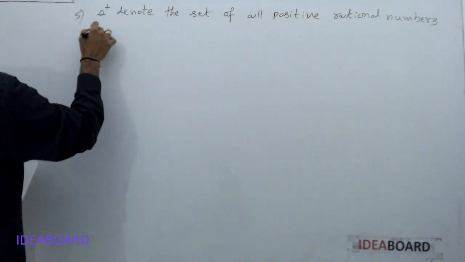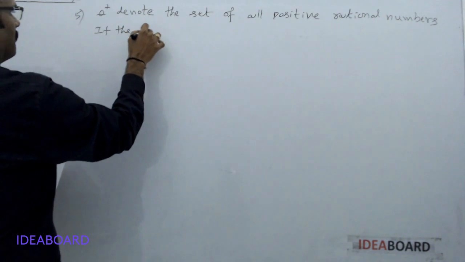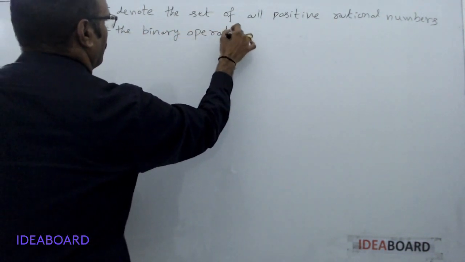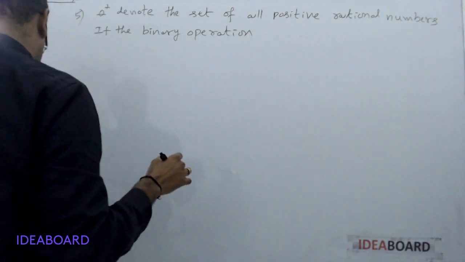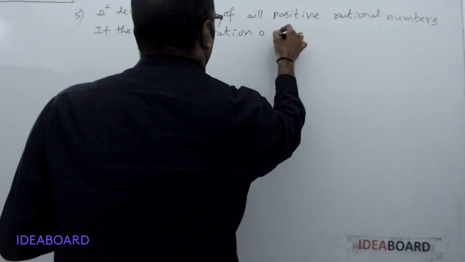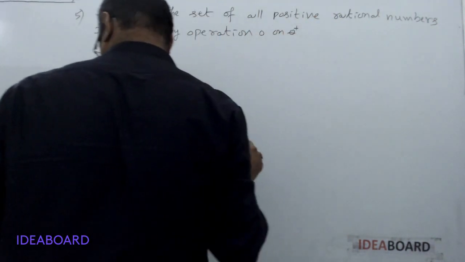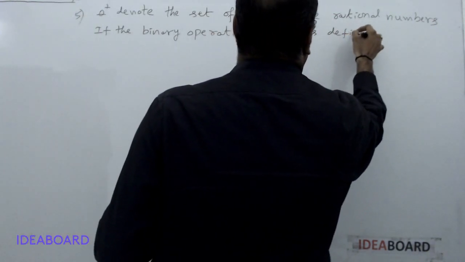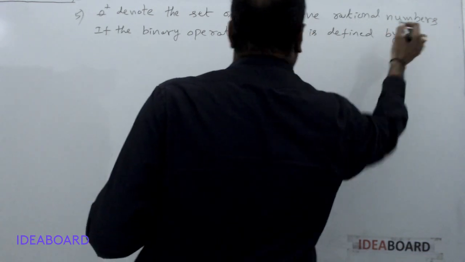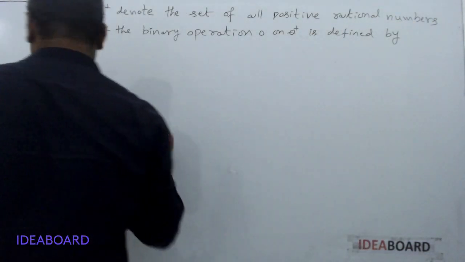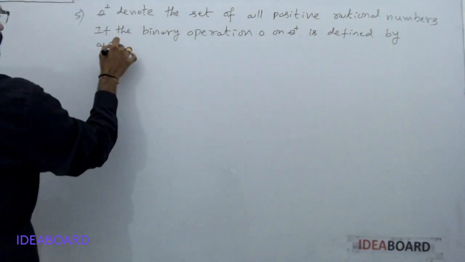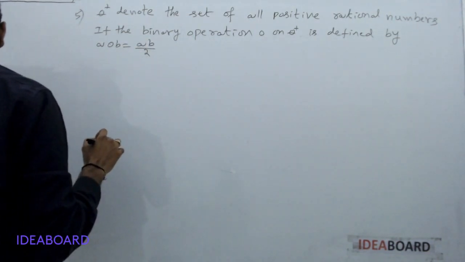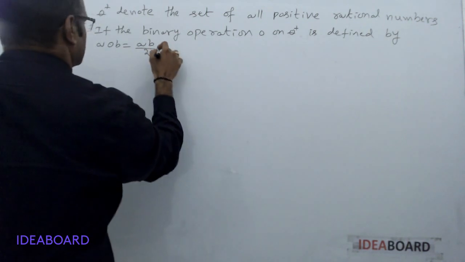If the binary operation circle on Q plus is defined by A circle B equal to AB by 2, then inverse of 3 is.